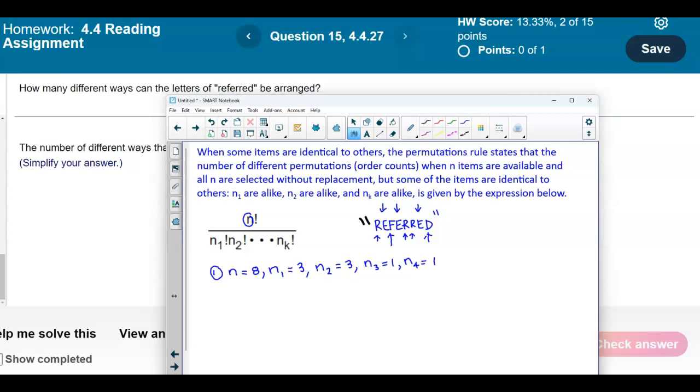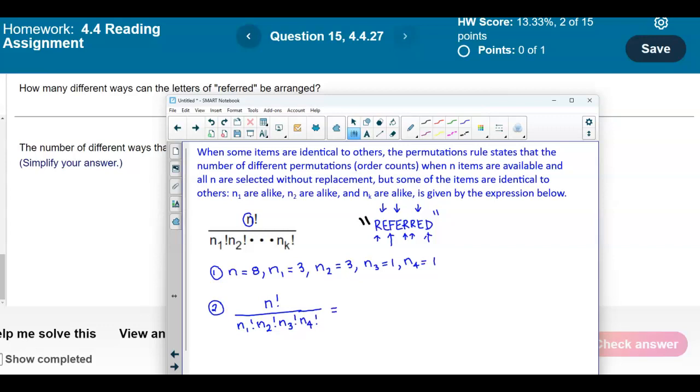So now we're going to plug it into our formula. Recall that n is going to be in our numerator, so we're going to have n factorial divided by n1 factorial times n2 factorial times n3 factorial times n4 factorial.